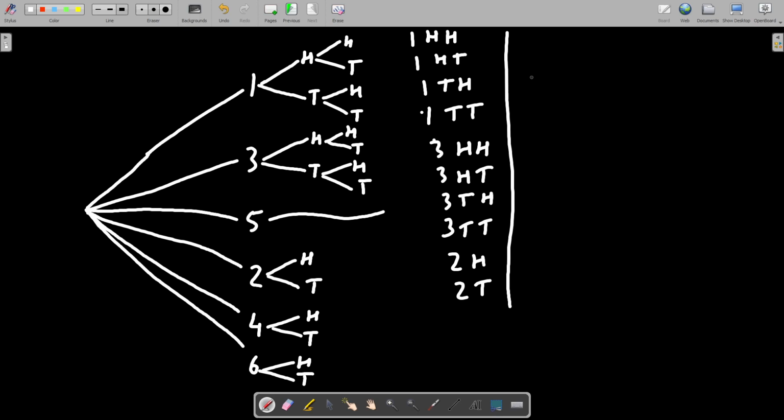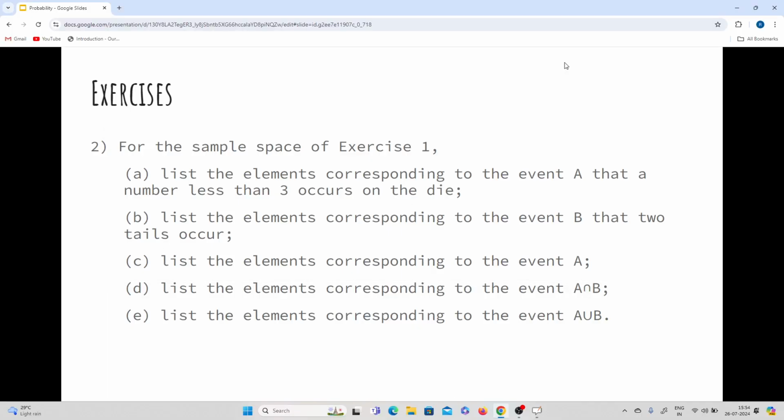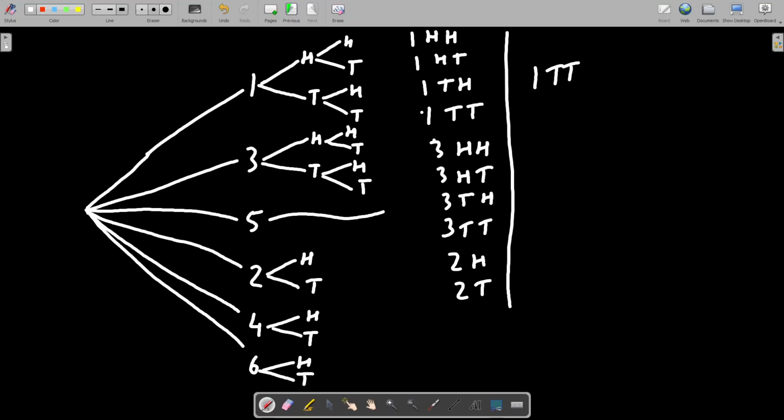So 2 tails will be the events only when you get an odd number. Less than 3 they had said, so this is not included. So this will be 1T, 3TT, 5TT.